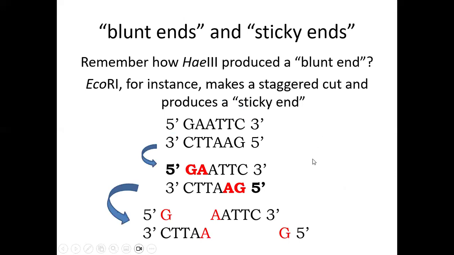Here are some examples of restriction enzymes that will generate sticky ends. HindIII we have already looked at, which produces blunt ends. And here we have the EcoRI restriction enzyme recognition site, which reads as GAATTC in 5' to 3' direction.